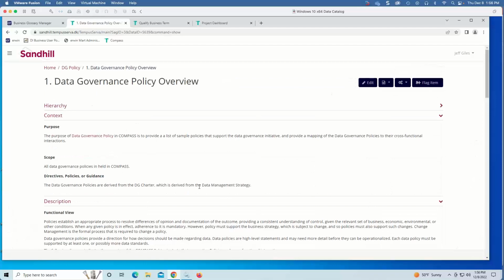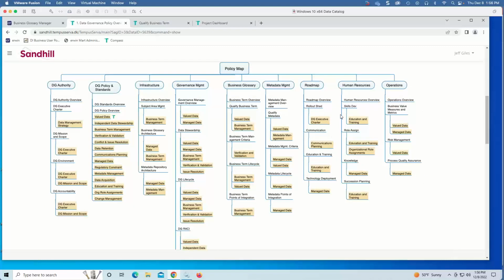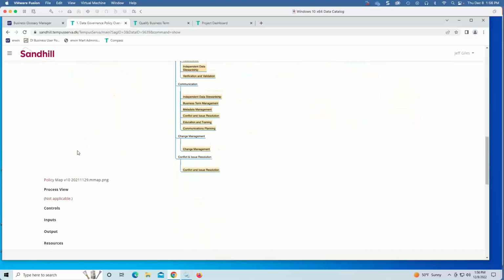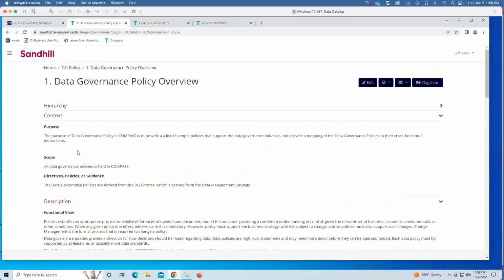So the policy overview covers different kinds of policies that you have around the different topical areas, such as the business glossary, governance management, authorities, and things like that, all defined within Compass itself. And just one last question, Mike had asked us, is Compass a template for the Irwin DI catalog, or is it a complementary solution?